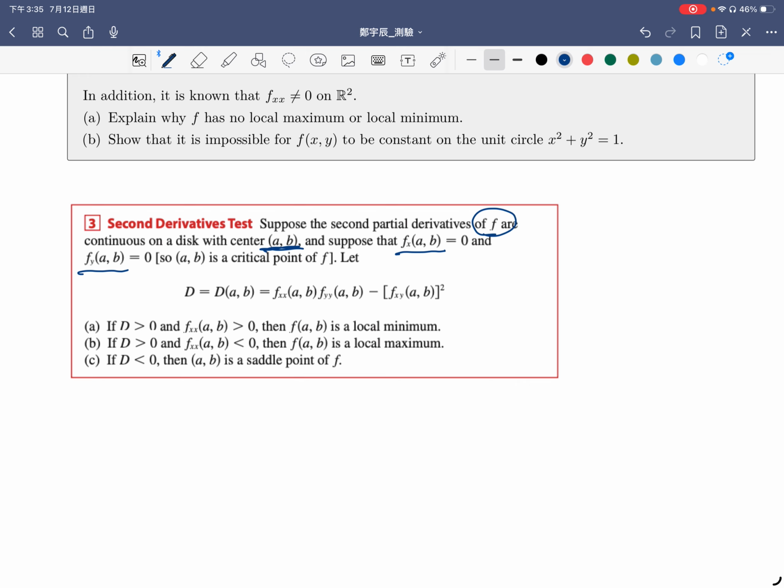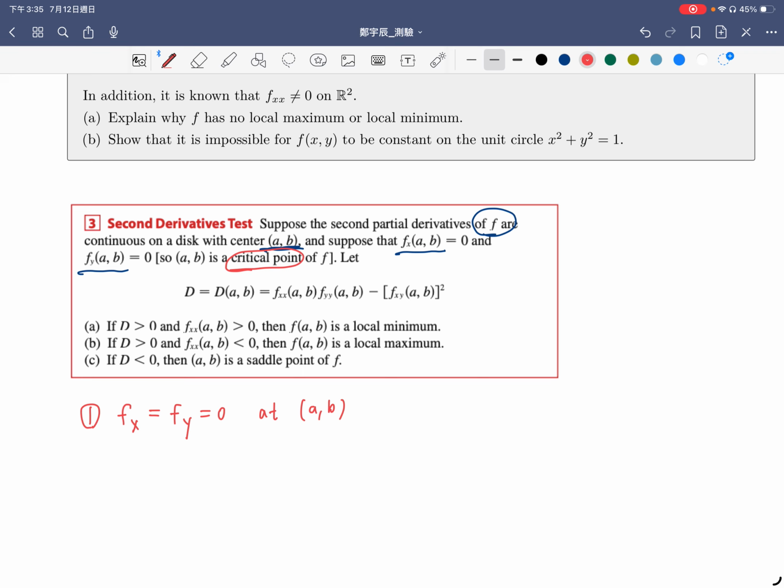In this case, we call (a, b) a critical point of f. This is basically the first step we need to do in order to find a local extremum. So now we have confirmed that fx equals fy equals 0 at this point (a, b).